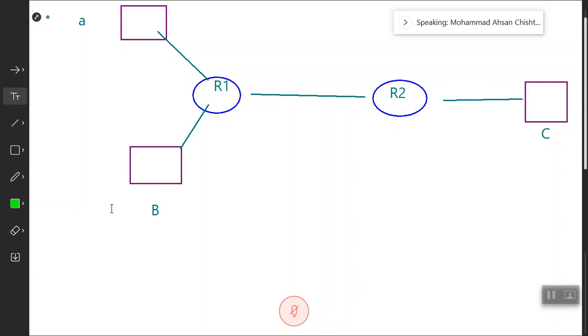Now I have the link capacity between A and R1 as 10 Mbps, and between B and R2 as 2 Mbps. Okay. Between R1 and R2, I have a link capacity of, let's say, 5 Mbps.